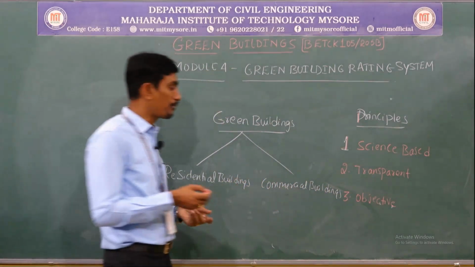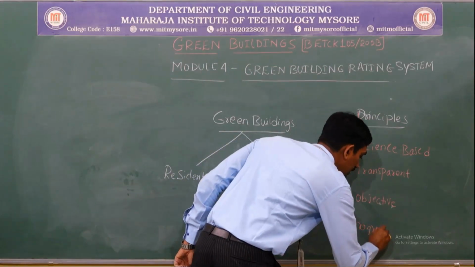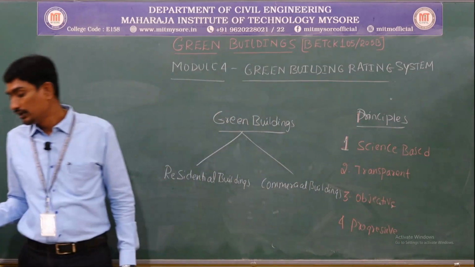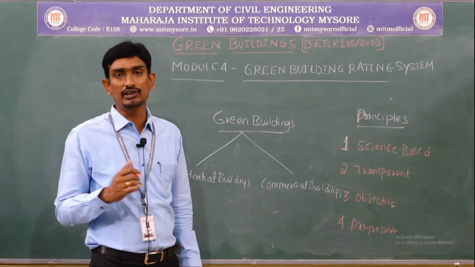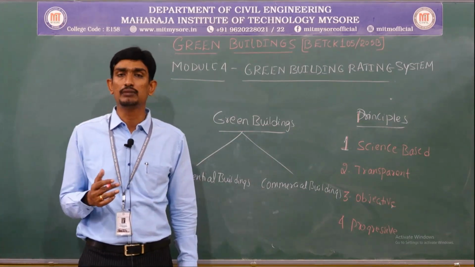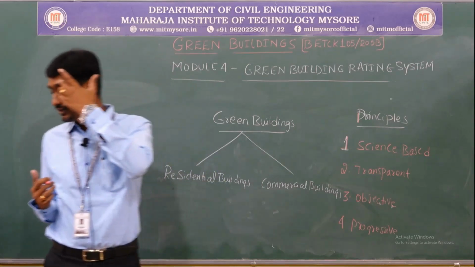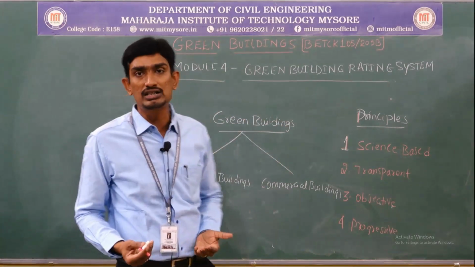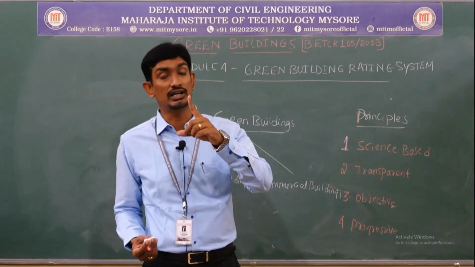Next, it should be progressive. There should not be any end in the rating system. What is the meaning of progressive? That means the standard should reflect advanced industry practices. Whatever standards I adopt should be industry standards or practices. Simply rewarding the building will not serve the purpose, as I was told in the definition.